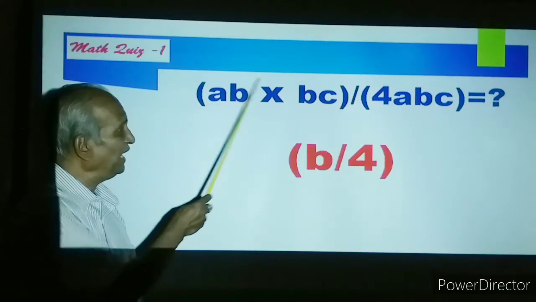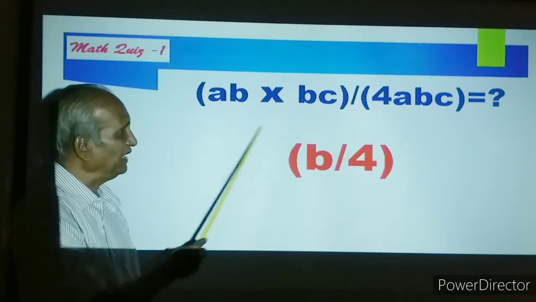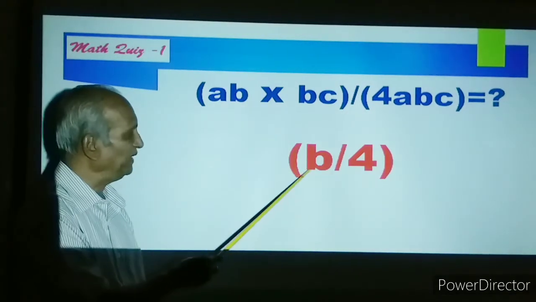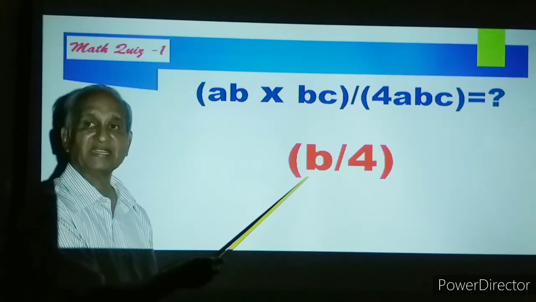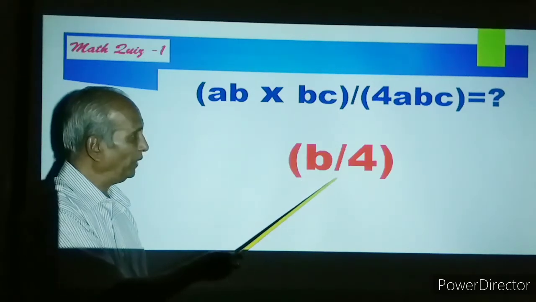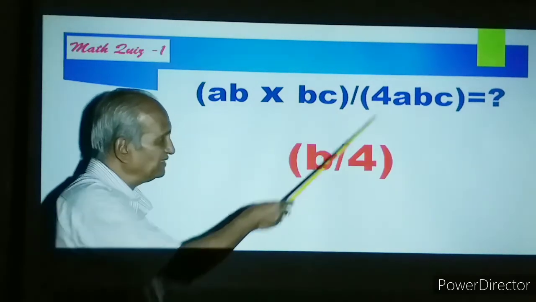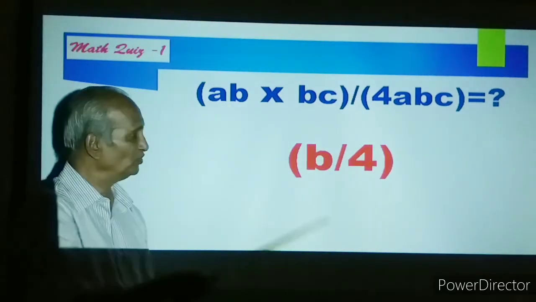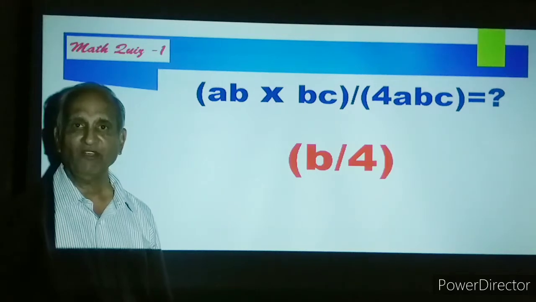So here AB squared C divided by ABC, it will be just B. ABC gets cancelled. Over 4. 4 is in the denominator, 4 remains. ABC has got cancelled. So the answer is B by 4.